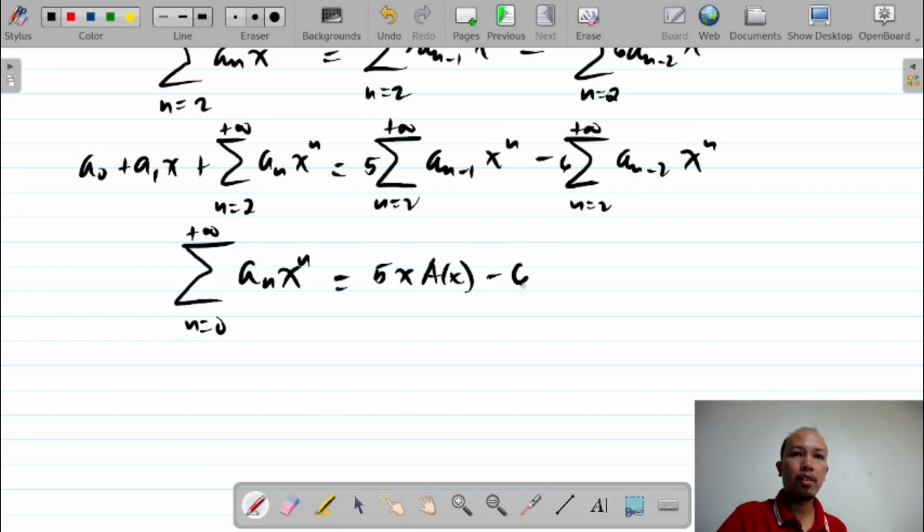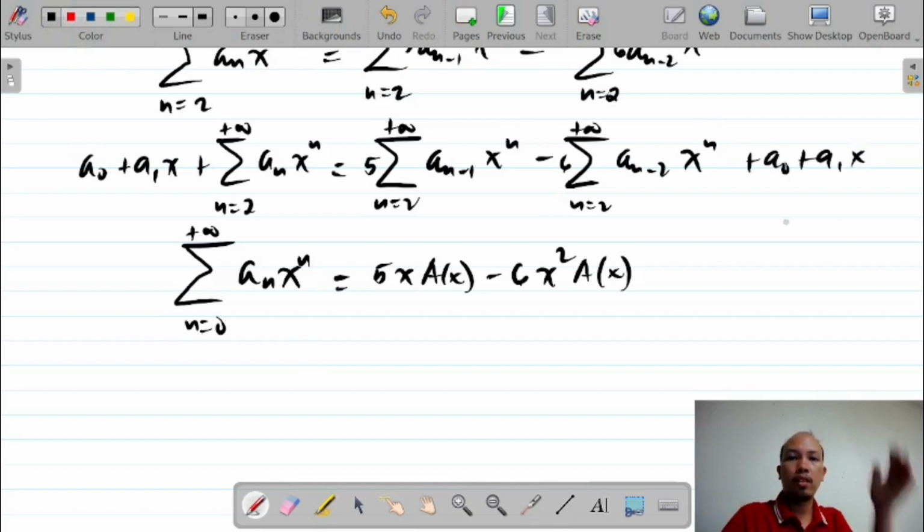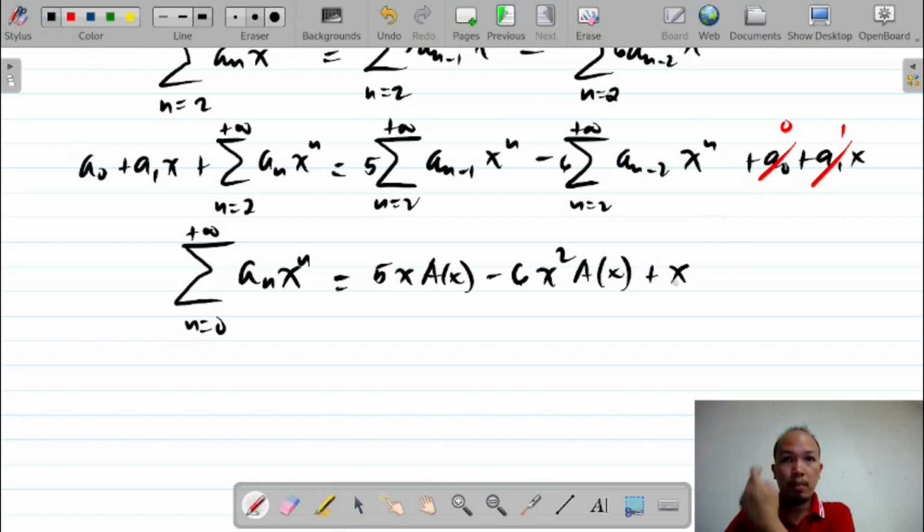This is minus 6x squared a of x. Since we add this thing here, we add also somewhere a sub 0 plus a sub 1 x, and we know that a sub 0 is equal to 0 and a sub 1 is equal to 1, so what remains here is plus x.